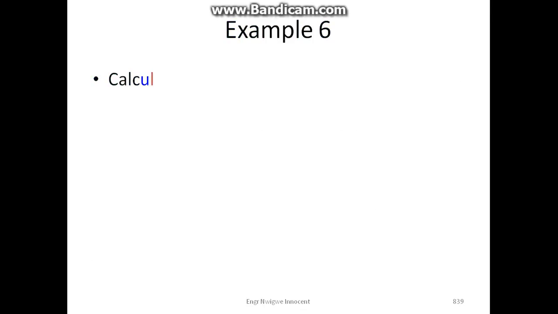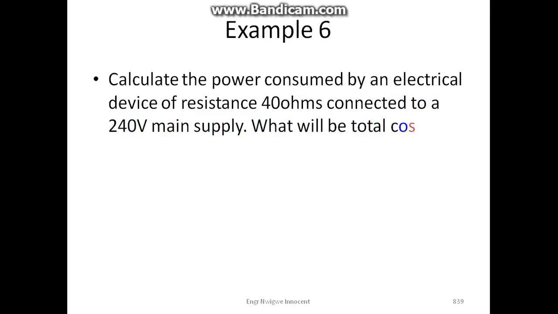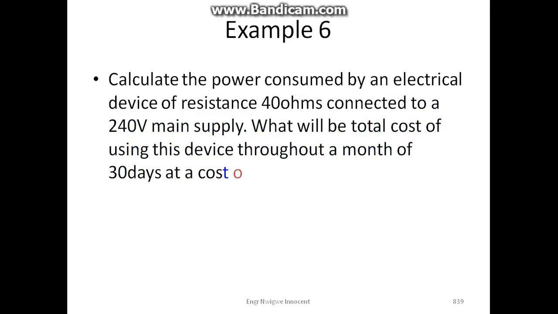Example 6. Calculate the power consumed by an electrical device of resistance 40 ohms connected to a 240 volt mains supply. What will be the total cost of using this device throughout a month of 30 days at a cost of 5 kobo per electrical energy unit? Solution.